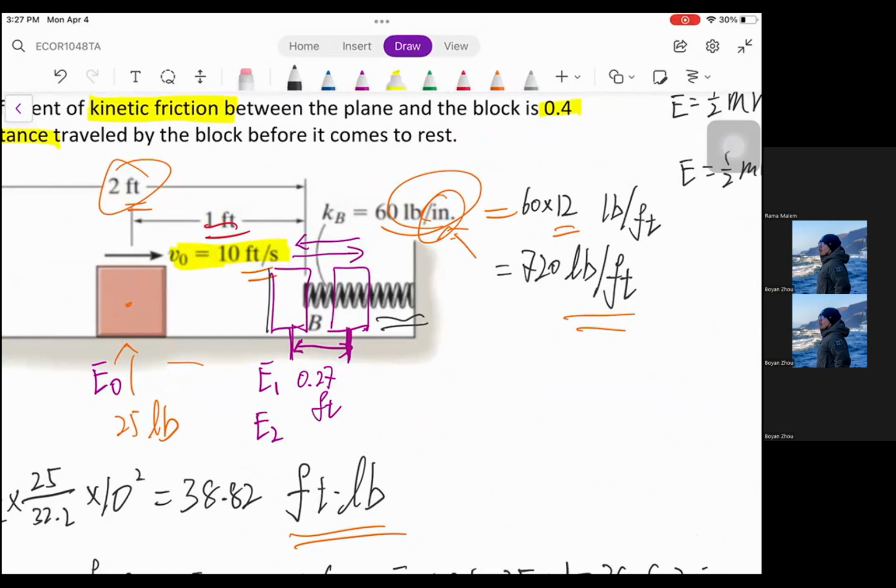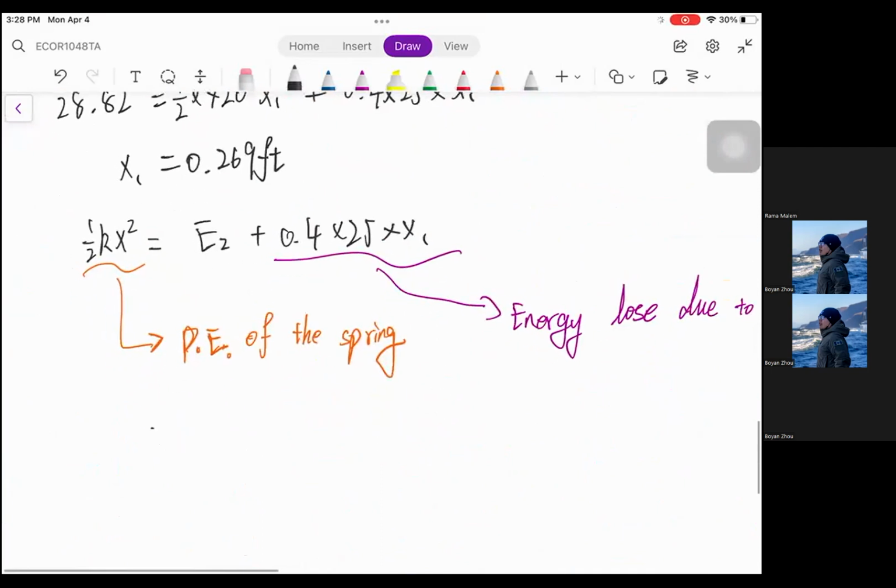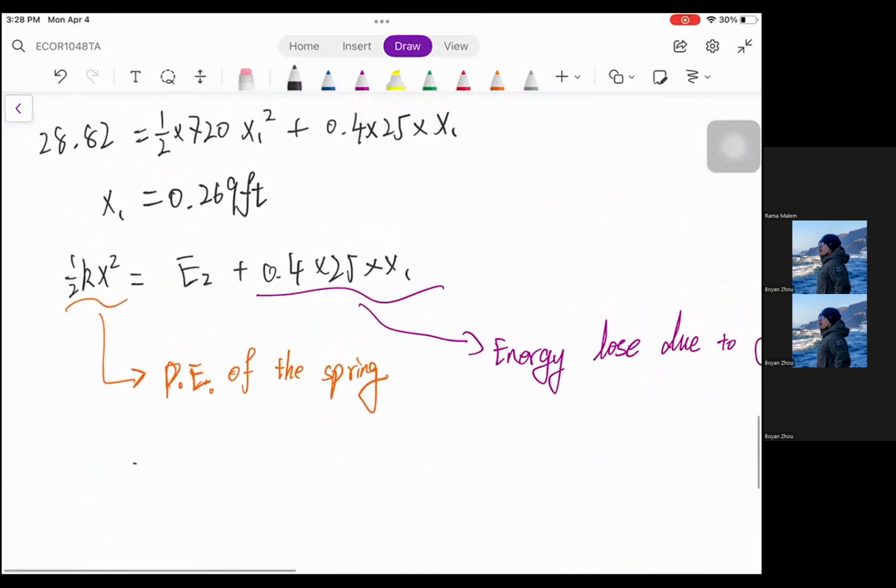Then when it springs back to the same location at point B, all the energy comes from the spring, and there's also some small amount of energy consumed by the friction. So the energy from the spring is converted to the energy lost due to friction plus the extra energy, which is the kinetic energy. So we're just going to solve for this one.